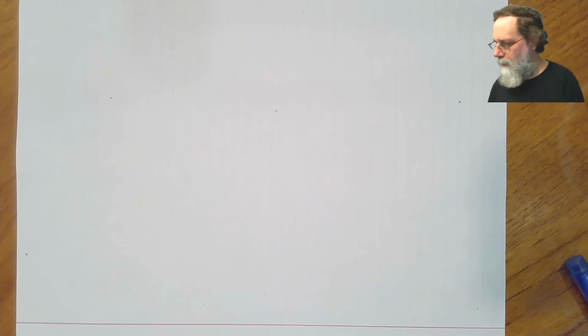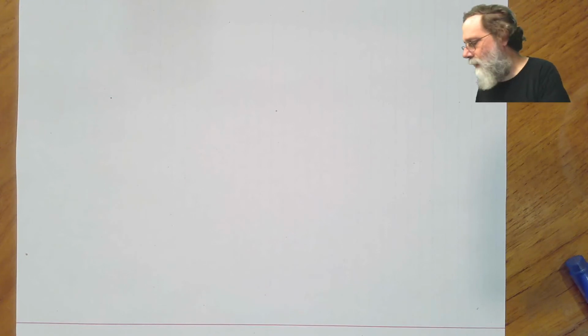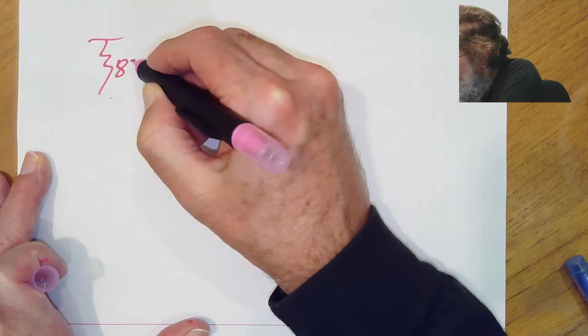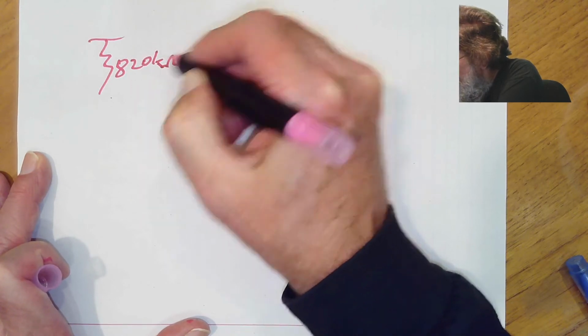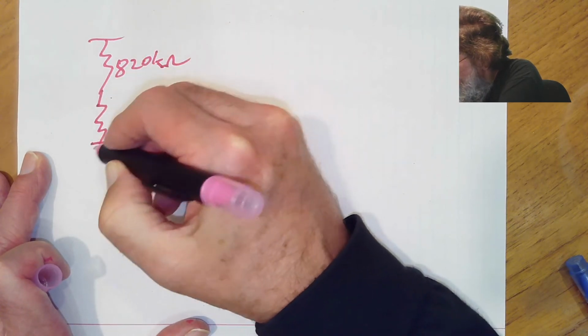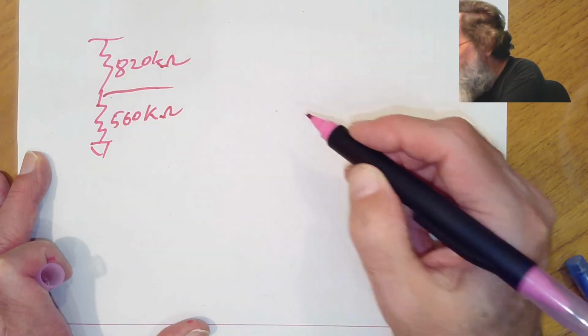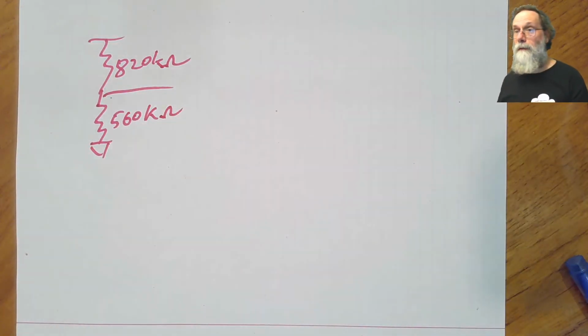We had, if I remember right, 820 kilo ohms on the top and 560 kilo ohms on the bottom. And we need to figure out the Thevenin equivalent of that, so that means the Thevenin voltage and the Thevenin equivalent resistance.